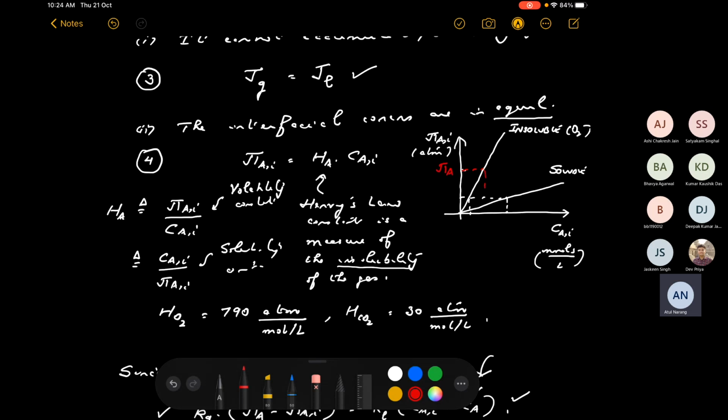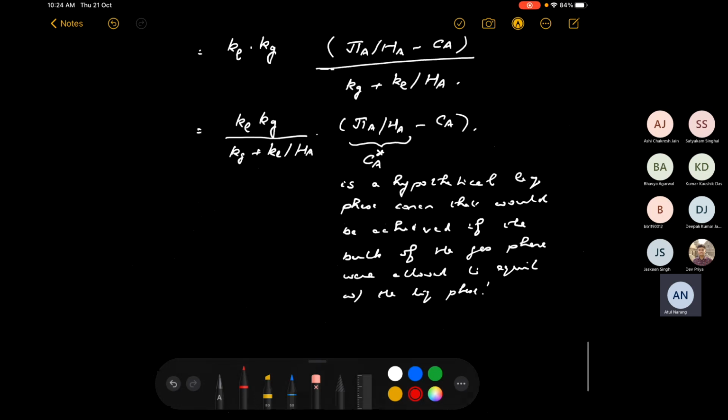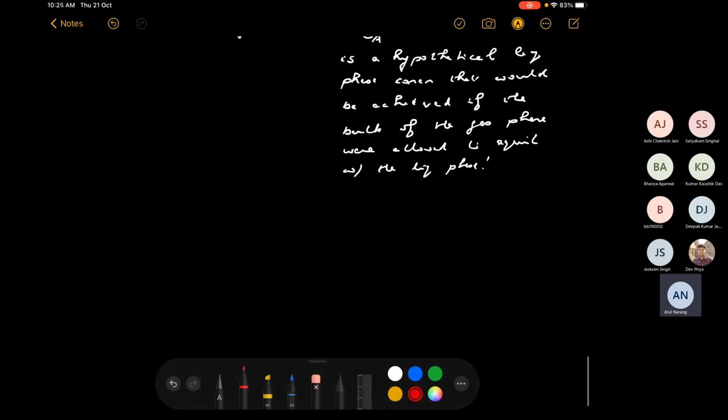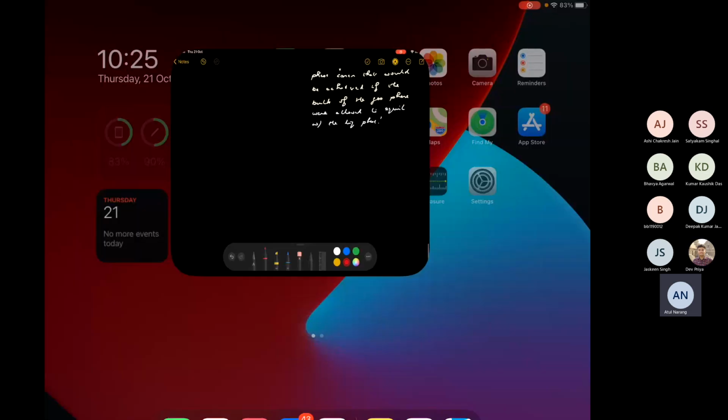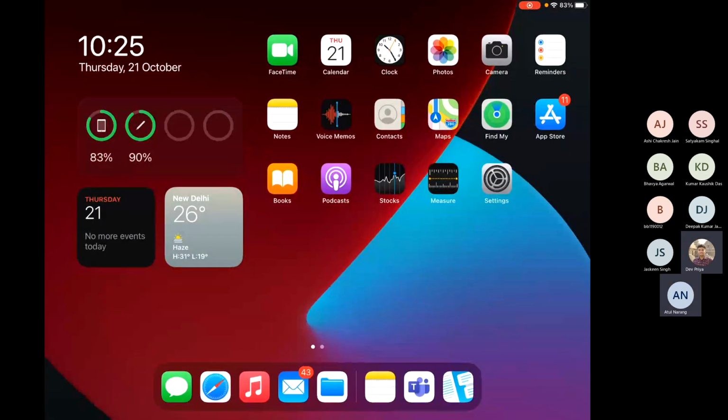From this graph, this will give us what CA star is. So keep in mind, this is not a real concentration. By real concentration, I mean that this is not a concentration that is there in the concentration profile. It is simply a hypothetical concentration. Is that part clear? So then we can move on. Yes, sir. It's clear.